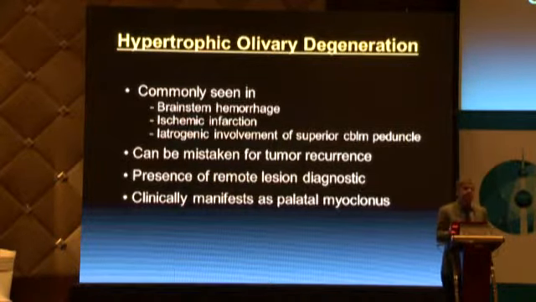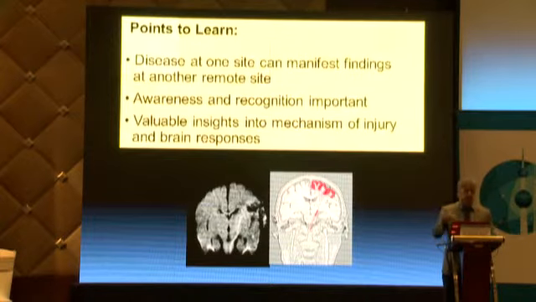And the clinical presentation is classic. It's palatal myoclonus. So points to learn from this is disease at one site can manifest in another site. For example, this is post-surgical changes in the cerebral cortex causing Wallerian degeneration, or an infarct may cause Wallerian degeneration. So remember these things that can occur.